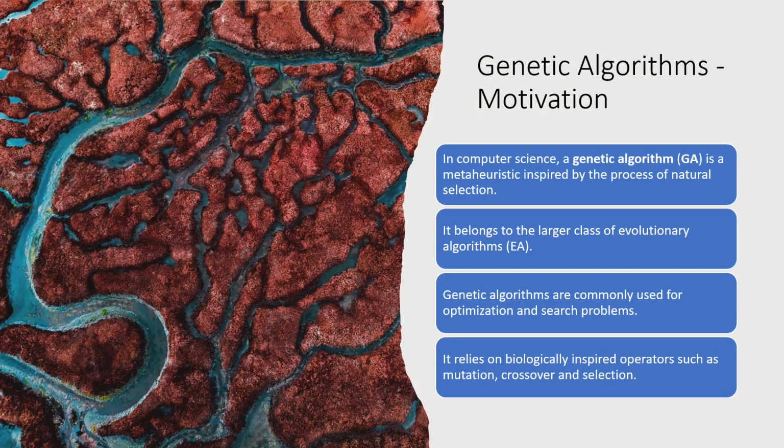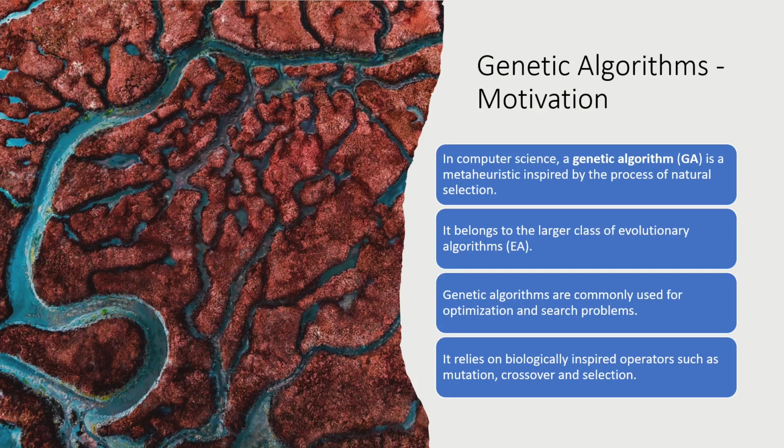Okay, so in computer science, a genetic algorithm is a meta-heuristic inspired by the process of natural selection. That's why I showed you Charles Darwin's image in the first slide. It belongs to the larger class of evolutionary algorithms. Evolutionary algorithms are more generic; genetic algorithms are a subclass of evolutionary algorithms.